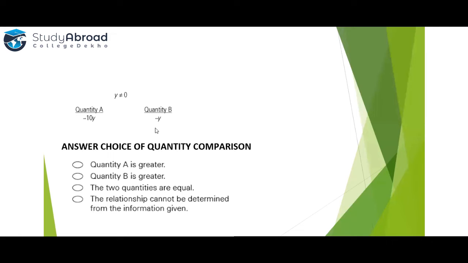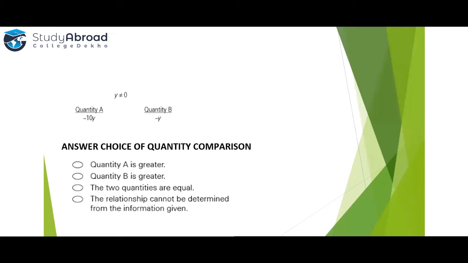This is given. And if you look at the answer choices of a quantity comparison question, four options are always given to you. That is, quantity A is greater, quantity B is greater, the two quantities are equal, the relationship cannot be determined from the information given.